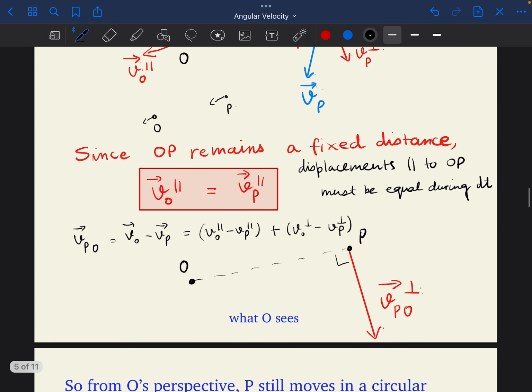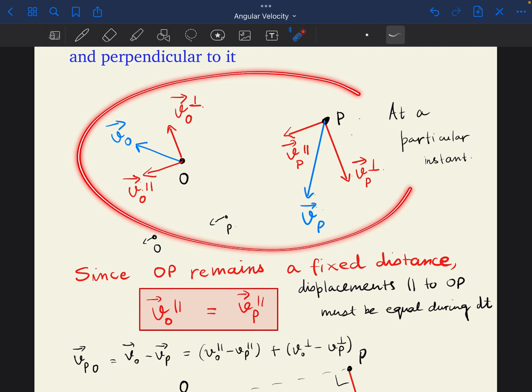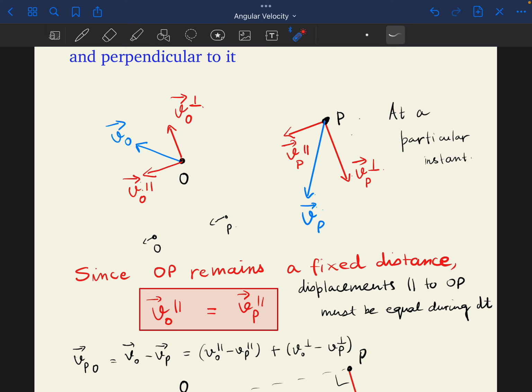So now we can say that in the frame of O, P is moving in a circular path, right? Clearly, this is the picture from the ground frame. P is clearly not moving in a circular path around O. O is moving in this direction, P is moving in this direction.